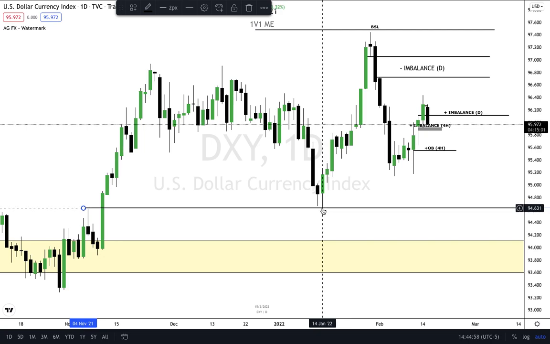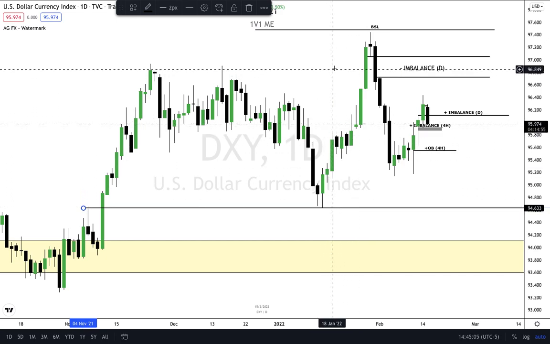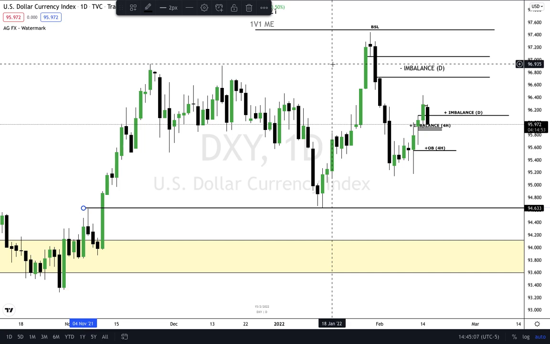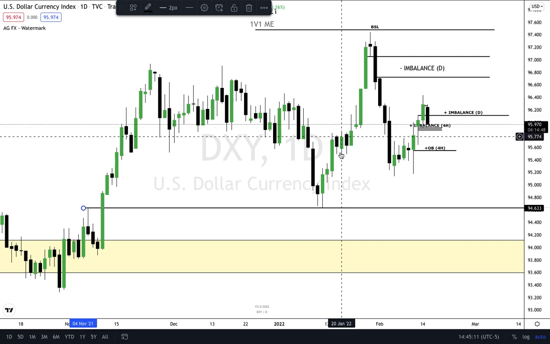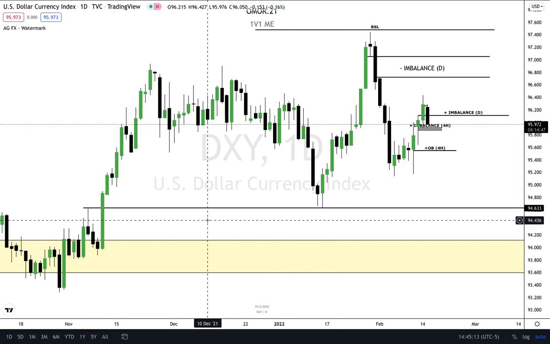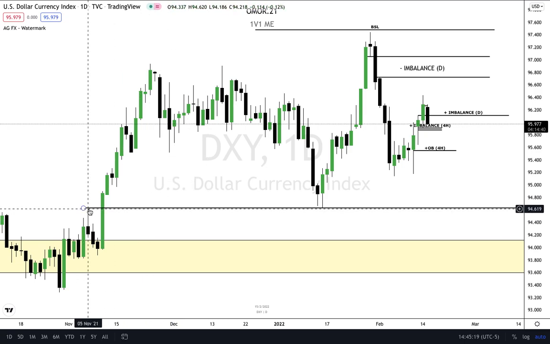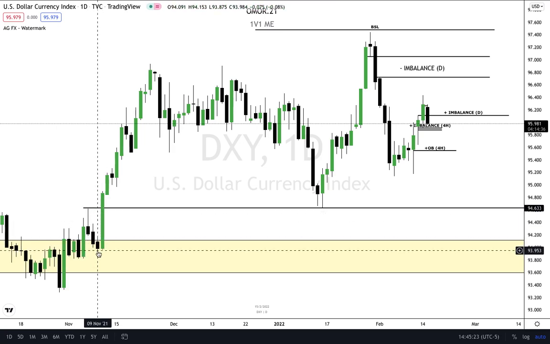Now, once the inefficiency was rebalanced, what do you see? The algorithm goes and delivers liquidity to these buyers. That's all the market does in a nutshell. The market rebalances inefficiencies. So from here, there was only selling. From here to here, there was selling.